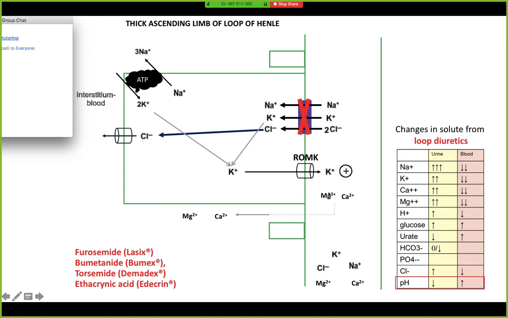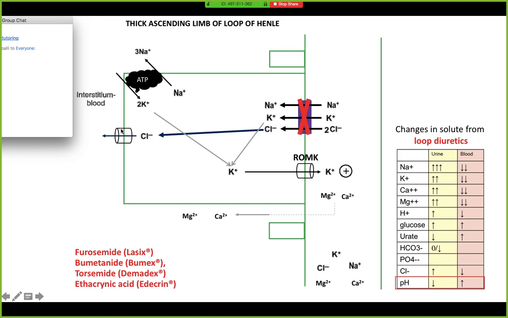So since electropositivity is reduced because you're having less potassium since this pump isn't working as hard, then magnesium and calcium, sodium, and chloride are going to leave through the urine.